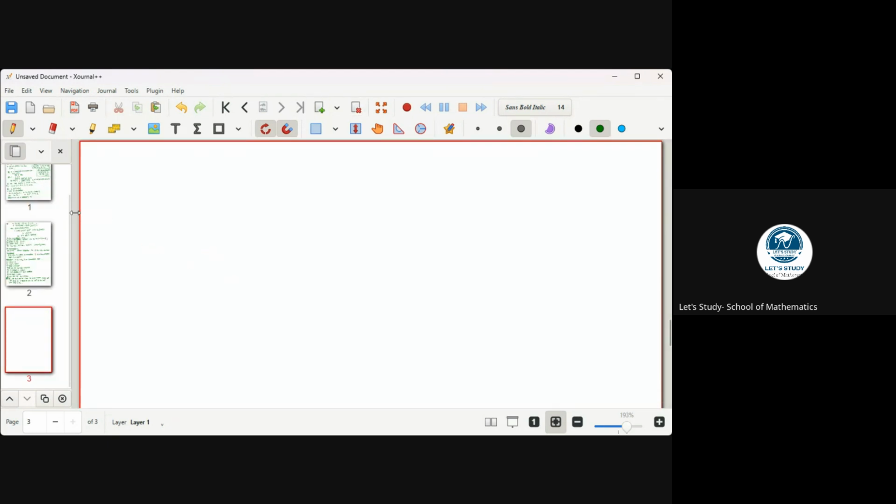Okay, so if H is a subgroup of G1, then T(H) is a subgroup of G2.